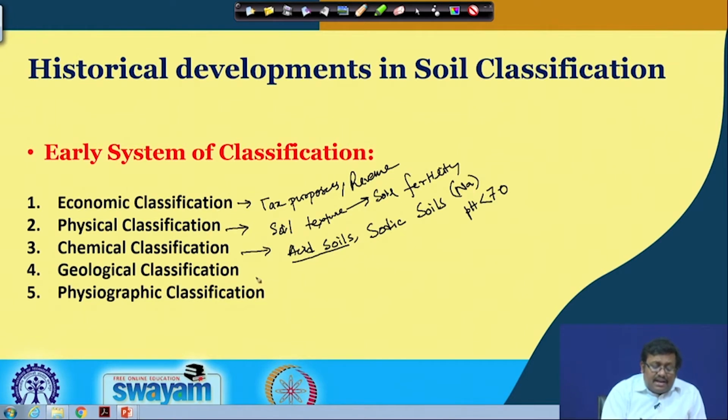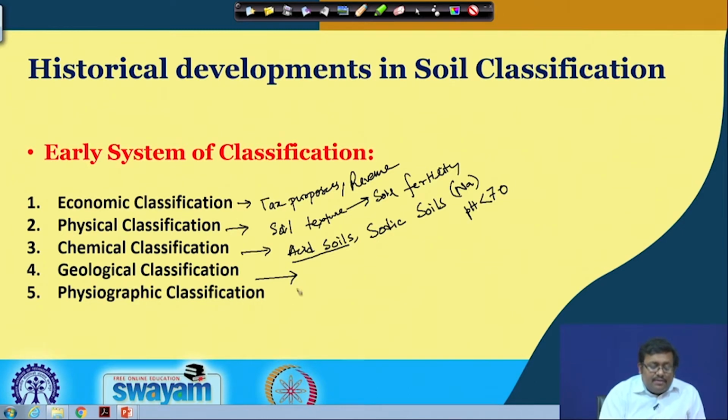Now, geological classification, as I have already discussed in my previous lectures on soil formation, was based on the location of the parent material, where we divided the soil into sedentary soil and transported soil.